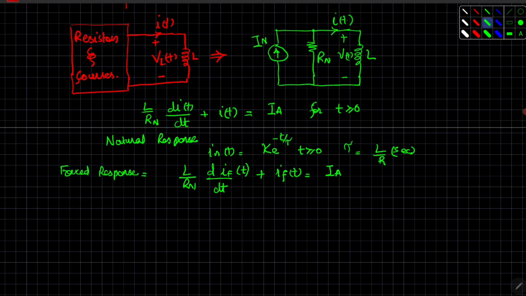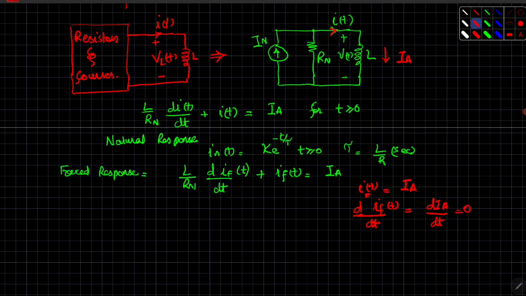Now for steady state condition, when a current is passing through this circuit and the current is not changing anymore, the inductor current will become equal to IA. So at that time, your I f of t will be equal to IA and the differential of I f of t divided by dt, di f over dt, will be equal to 0. It presents that now no current is changing anymore.